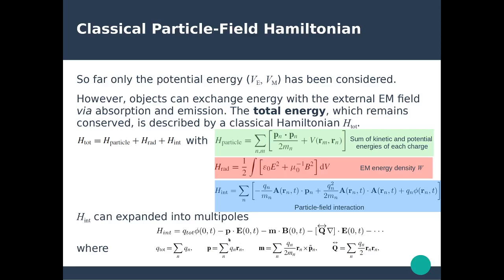So the electric dipole moment that we expressed before interacts with the field at the center of the charge distribution. Then we have the magnetic dipole interaction term with the magnetic moment expressed just underneath. And then we have the electric quadrupole interaction term, which will depend on the gradient of the fields, and so on and so forth. So you have also a magnetic quadrupole term and other modes that are then very negligible.